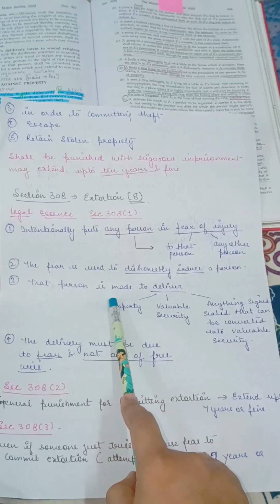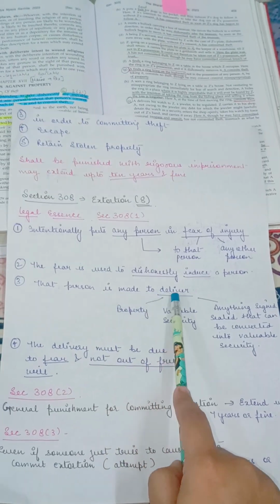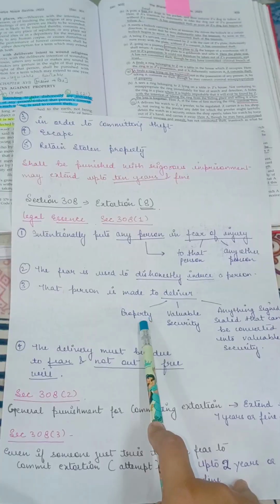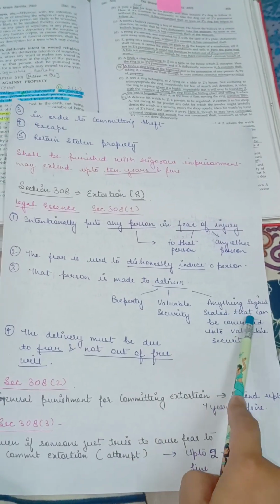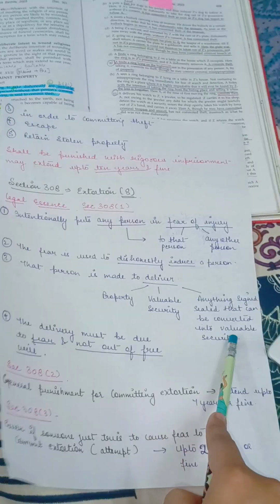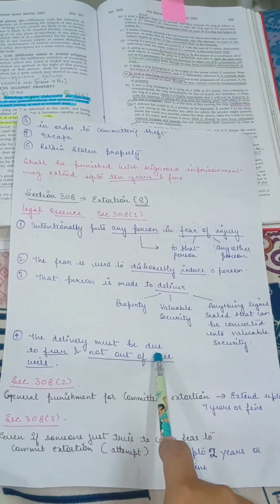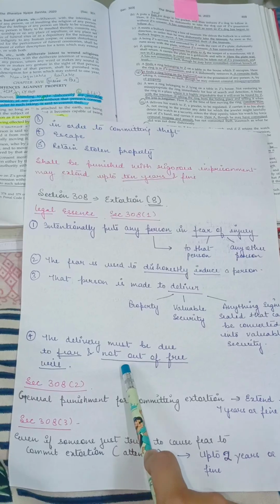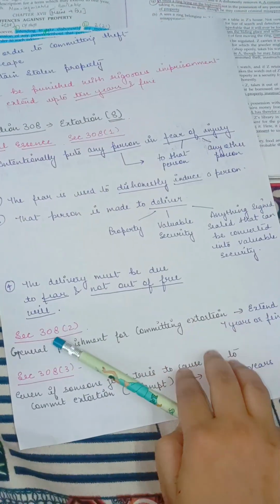Third, that person is made to deliver any property, valuable security, or anything signed or sealed that can be converted into valuable security, and that delivery must be due to fear and not out of free will.